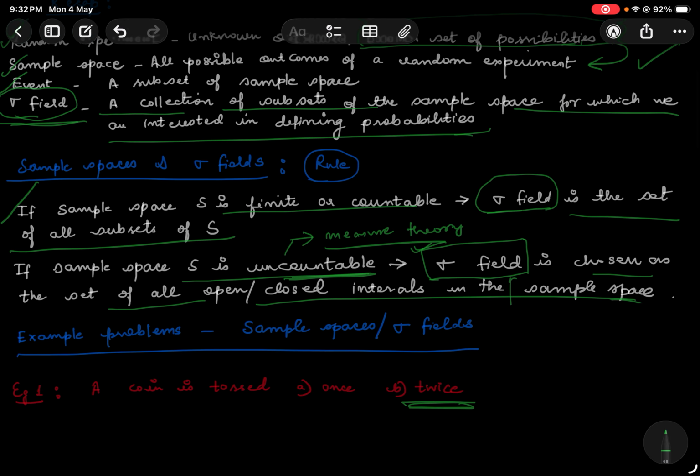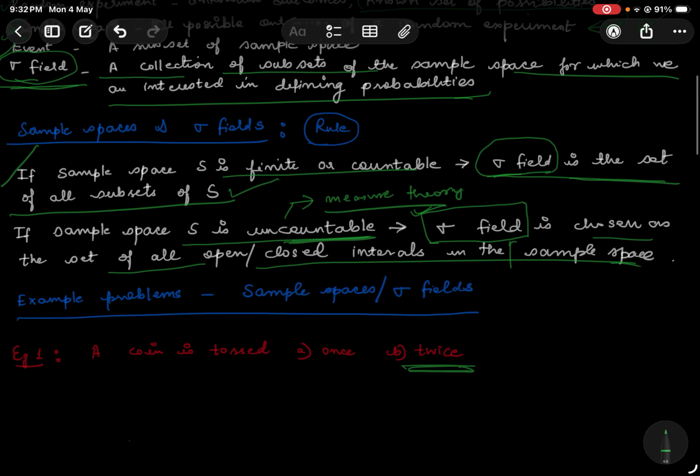Hence, if the sample space is finite or countable, in that case, the sigma field is the set of all subsets of S. There's no issue there. You can define a probability on any subset of S if it is finite or countable. But if it is uncountable, in that case, it is usually open and closed intervals on the sample space.